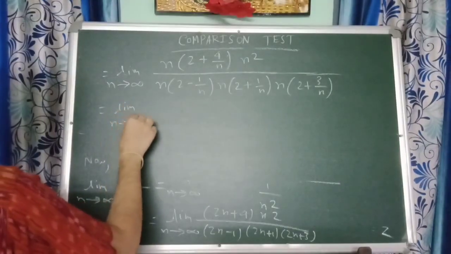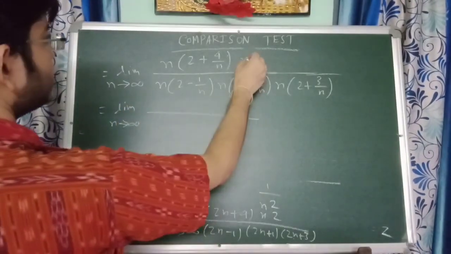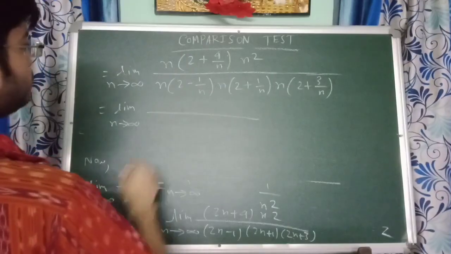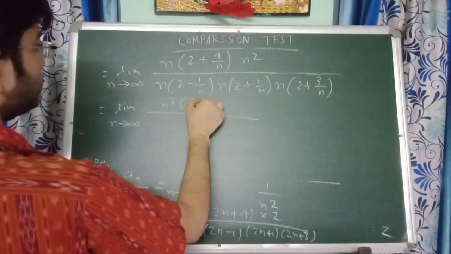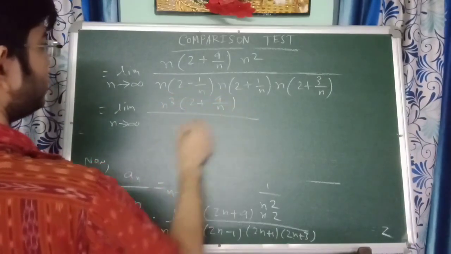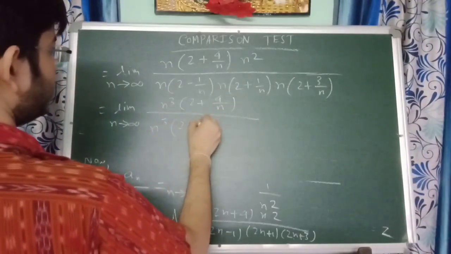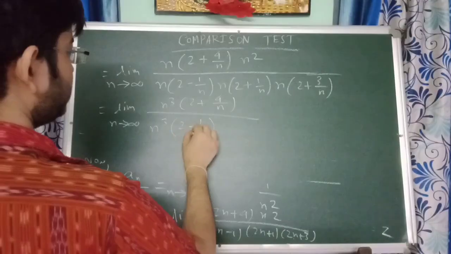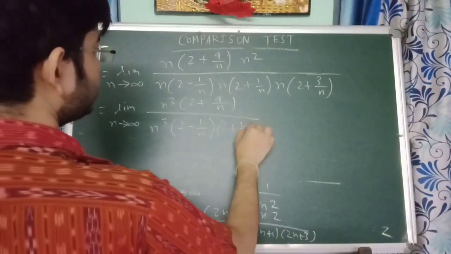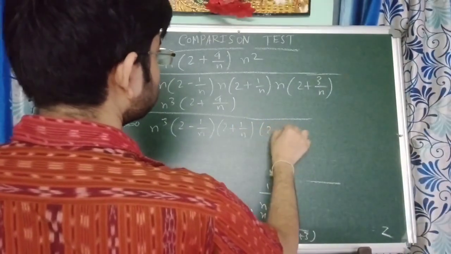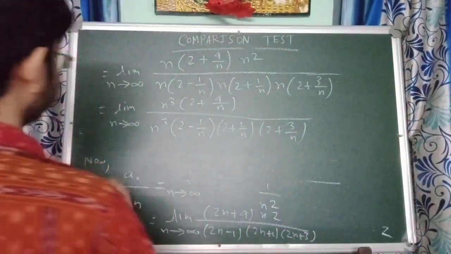Limit n tending to infinity of n square into n into 2 plus 4 by n, which is n cube, and the remaining part is 2 minus 1 by n, 2 plus 1 by n and 2 plus 3 by n.